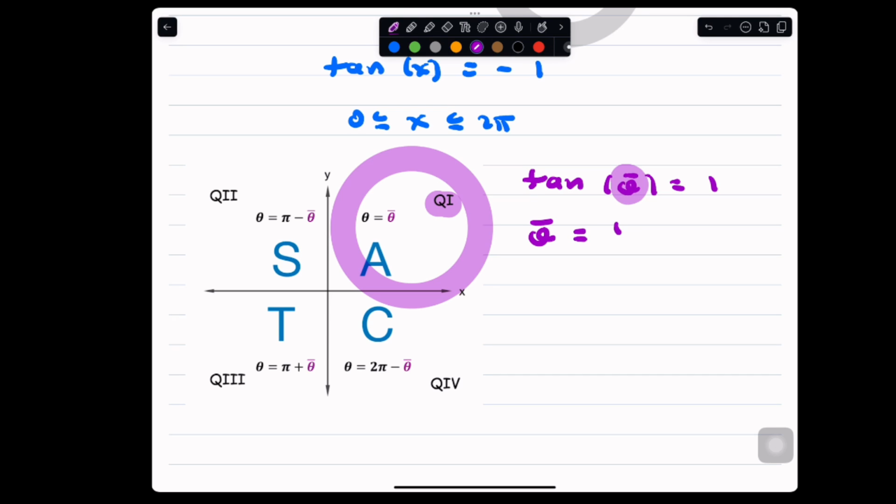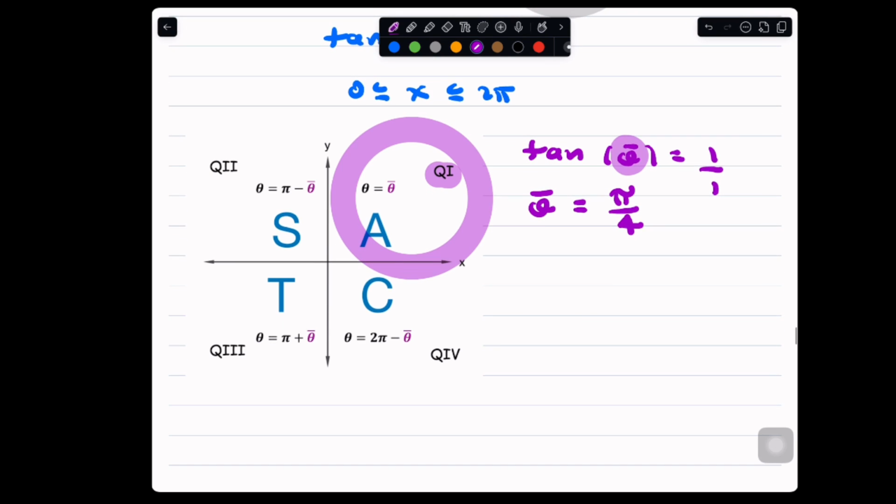Isn't that what? It's pi over 4. Is that right? Because you use the definition of tangent. You say, oh, opposite over adjacent is 1. That means this angle is pi over 4. 45 degrees. So it's a 45-45 special triangle, 45-45, 90.